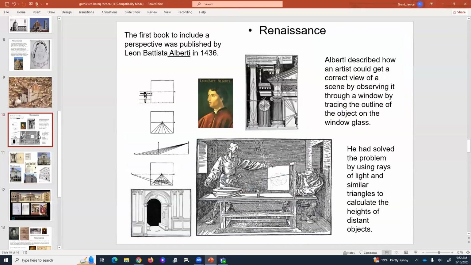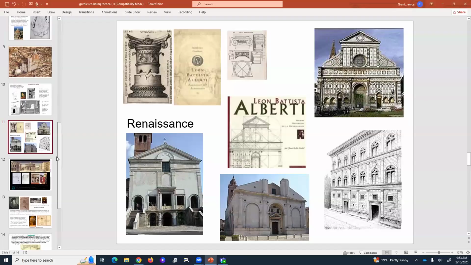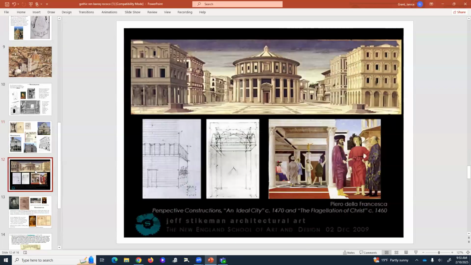So this is about Alberti in his documentation of symmetry and perspective and different forms of, especially columns. He went back and documented some of the classical orders as well.